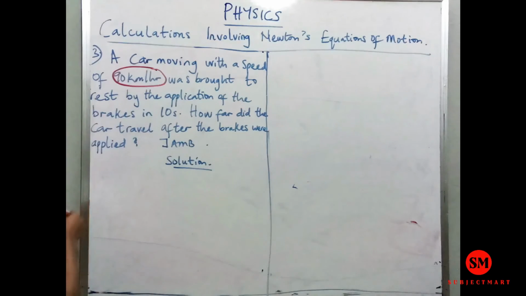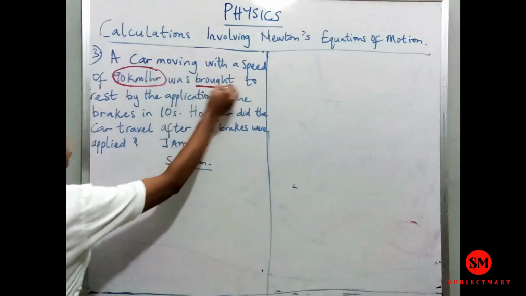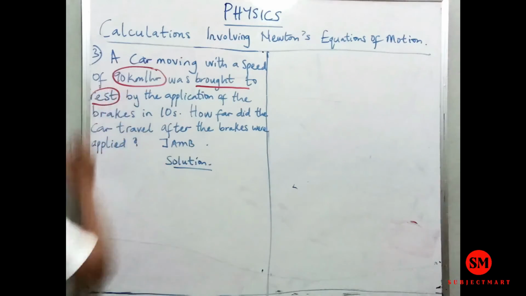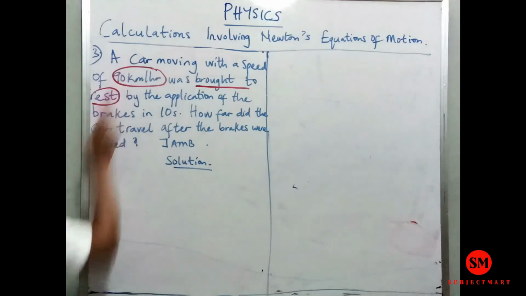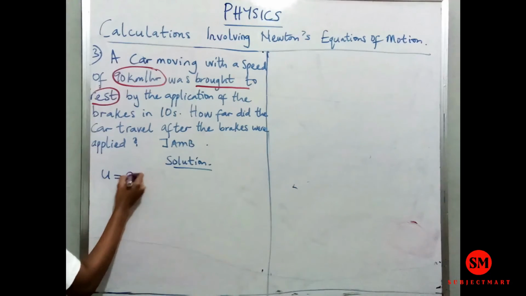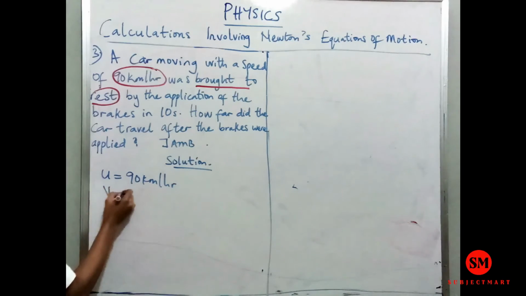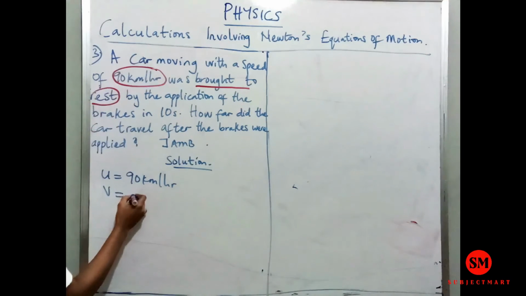Was brought to rest. This implies the final velocity, while this is the initial velocity. So our u is 90 kilometers per hour, while v, brought to rest, is 0.